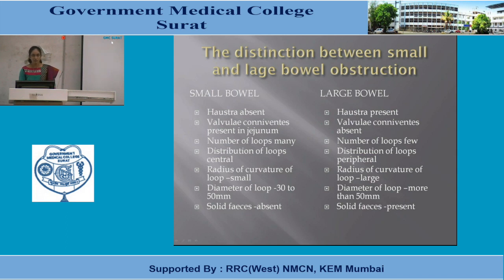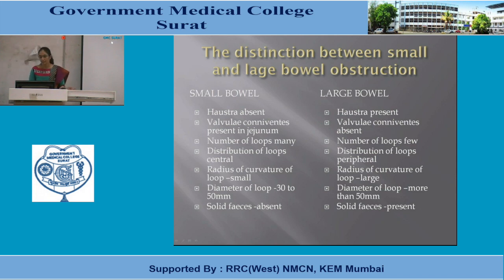Solid feces are absent in case of small bowel obstruction and solid feces are present in case of large bowel obstruction. By these points you can mostly differentiate small bowel and large bowel obstruction.